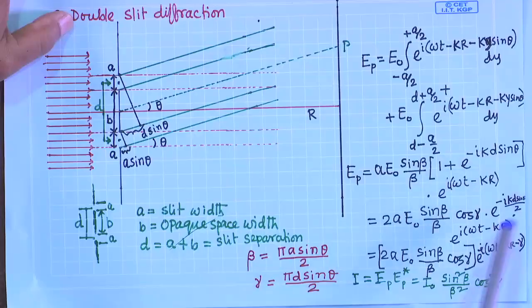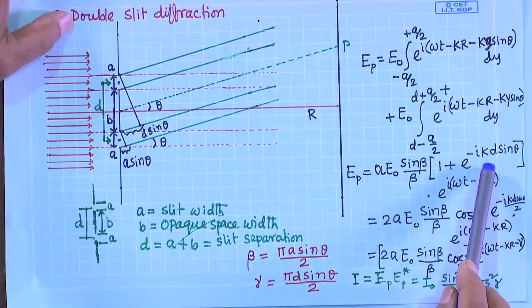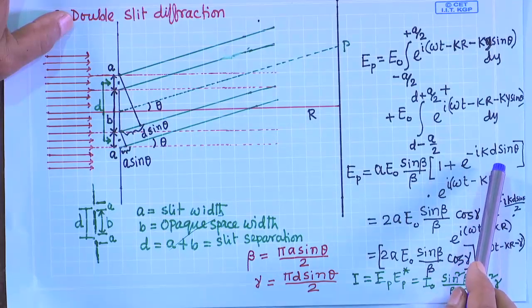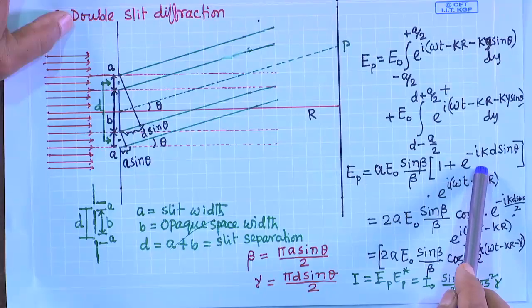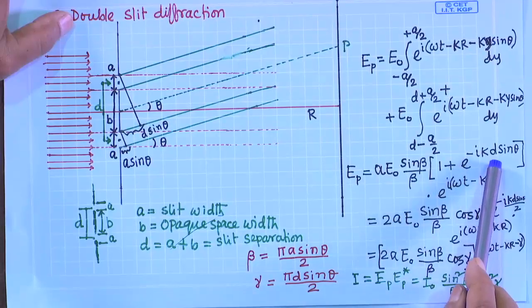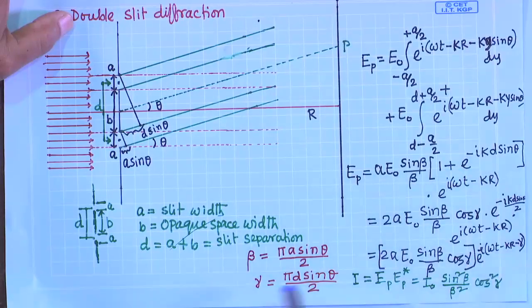K is... let me just check whether any lambda is missing. K d sin theta. What beta have I written? Beta should contain the e to the power. So I am getting cos gamma.